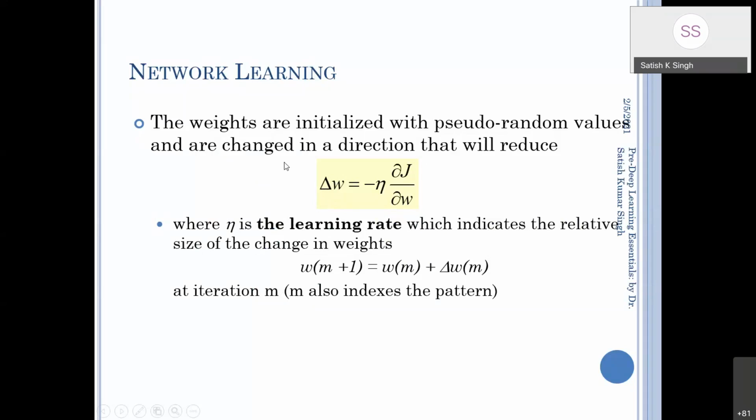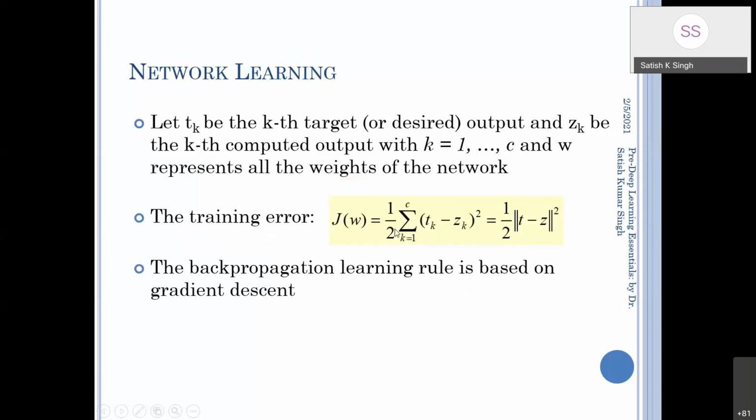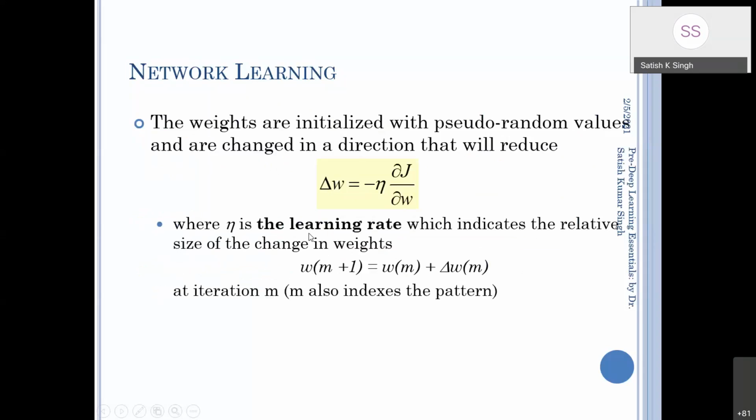Delta W is defined as minus eta del J by del W. What is J? J is the error between the obtained result and the ground truth. Eta is the learning rate, which indicates the relative size of the change in weights.